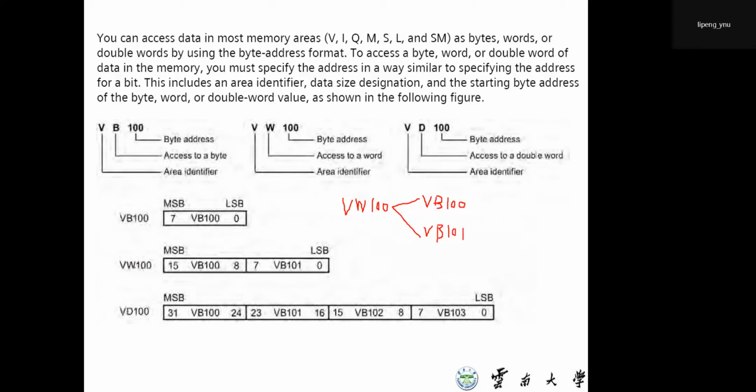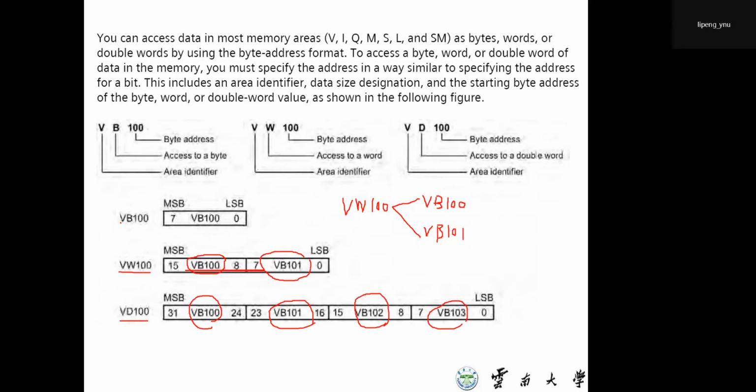So we can see VW100 is including VB100 and VB101. So VD100, it's including VB100, VB101, VB102, and VB103. So we can see this is the variables about the PLC.